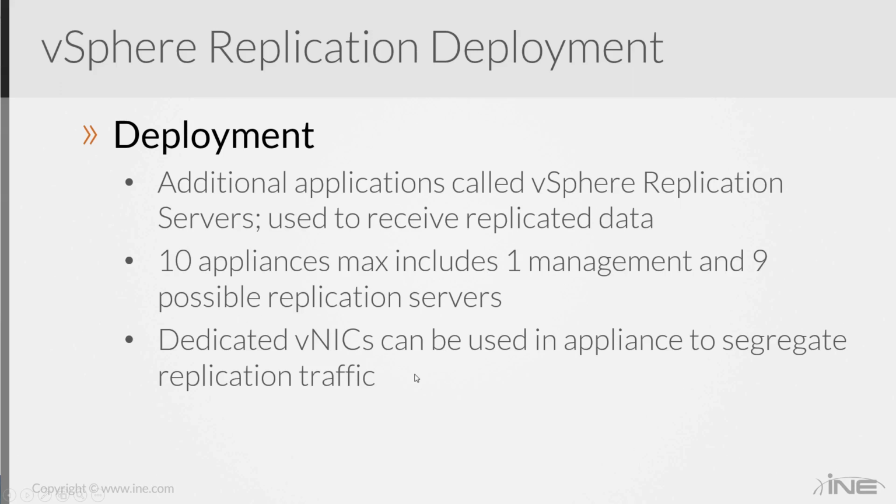As I mentioned too, we would set up a separate network for our replication traffic, but once we deploy the appliances at the main and the DR site and connect them together, then we'll get back into the setting up of a separate replication network.